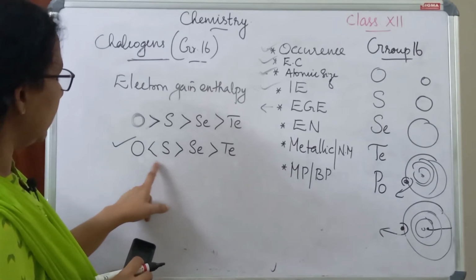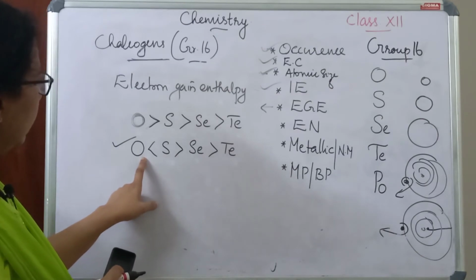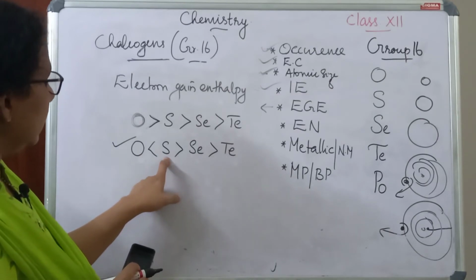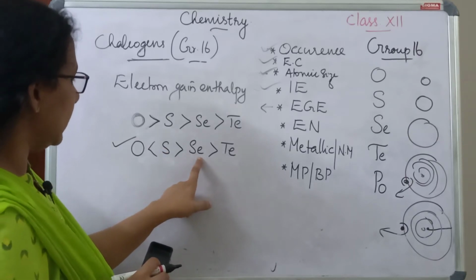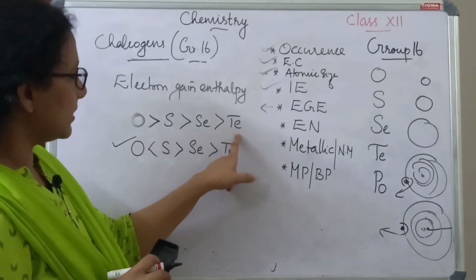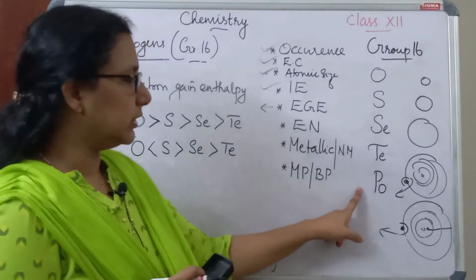Here we can see an anomalous behavior: oxygen has less electron gain enthalpy than sulfur, which has more electron gain enthalpy than selenium. We have seen that electron gain enthalpy decreases down the group.